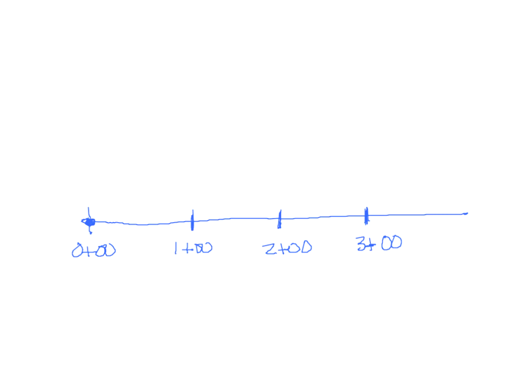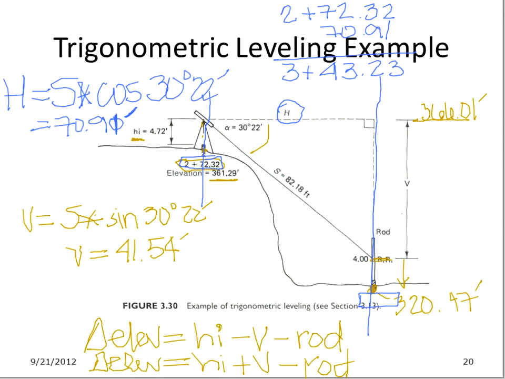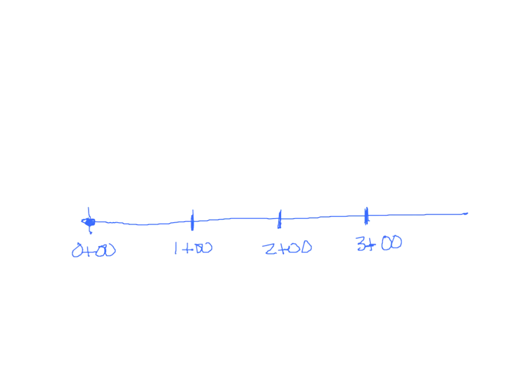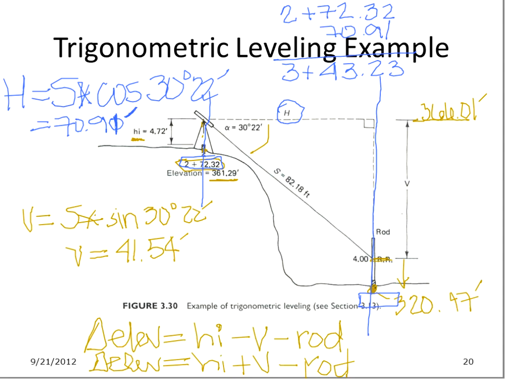So if this is our 0 point, this would be 100 feet out, 200 feet out, 300 feet out. So in this previous example here, you're located here at 2 plus 72.32.